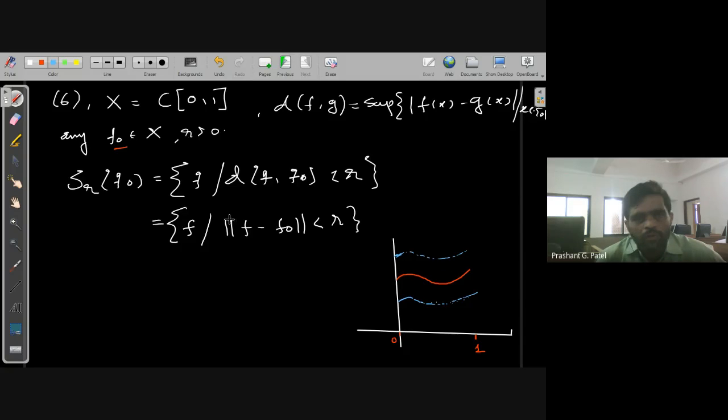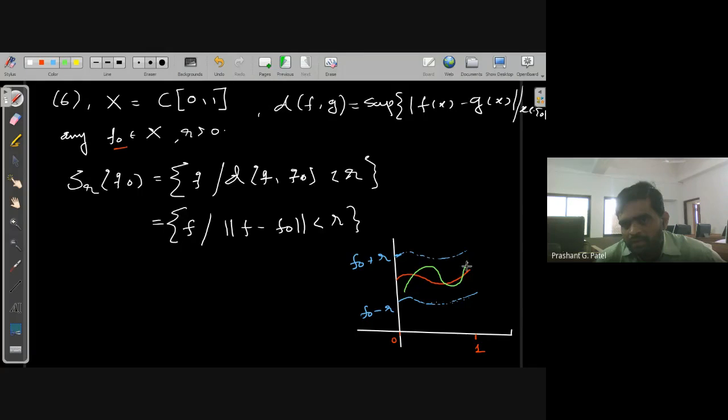So what is the above quantity? The above quantity is f0 plus r, and the below one is the function f0 minus r. And where does f lie? f lies in any function in between this strip.